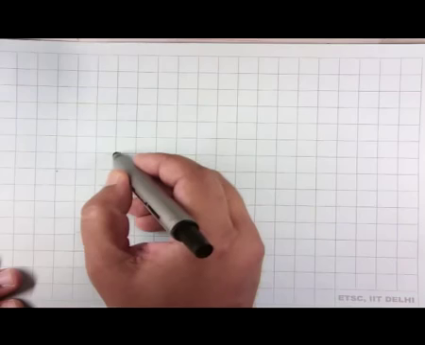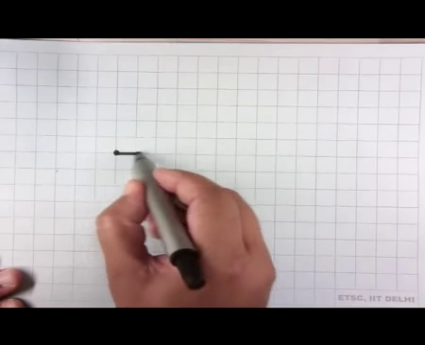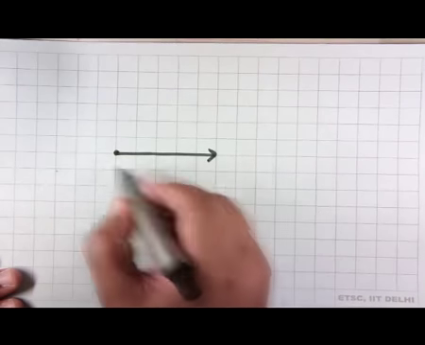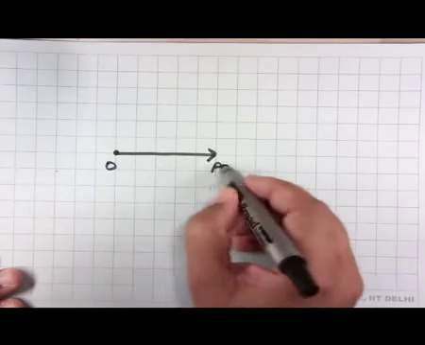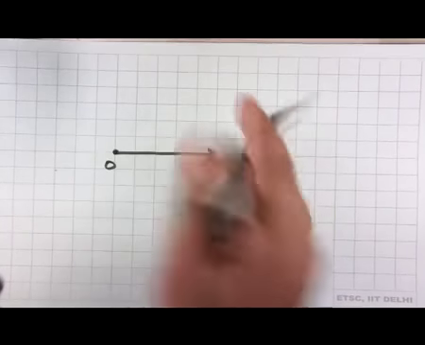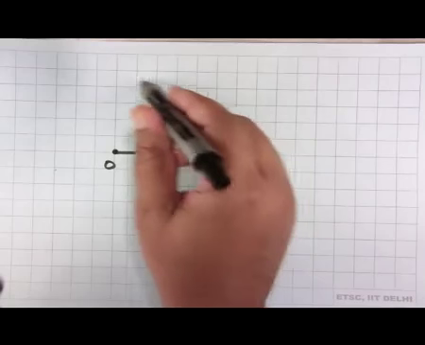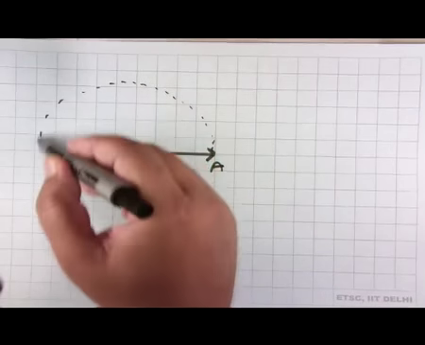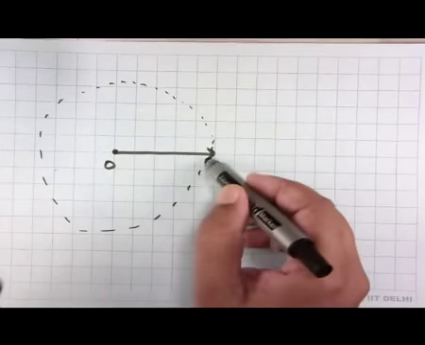So, if we start with one complete revolution. Again we consider this ray OA, and suppose we rotate it like this. We take it all the way and then we bring it back.